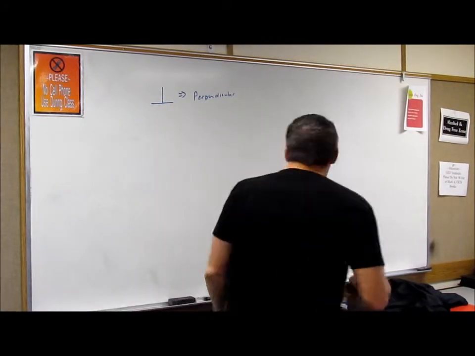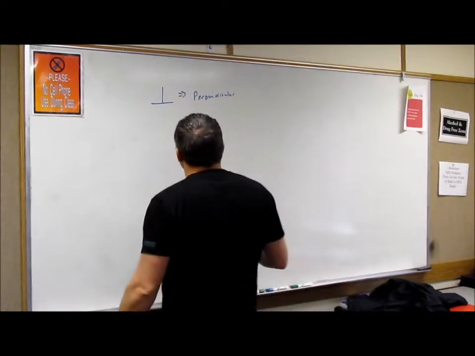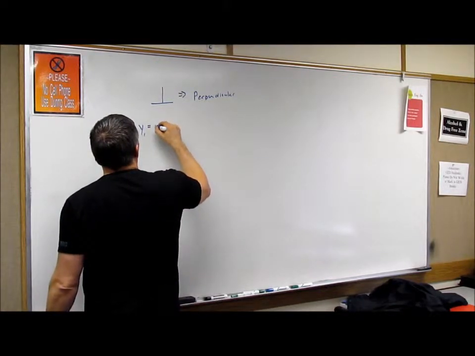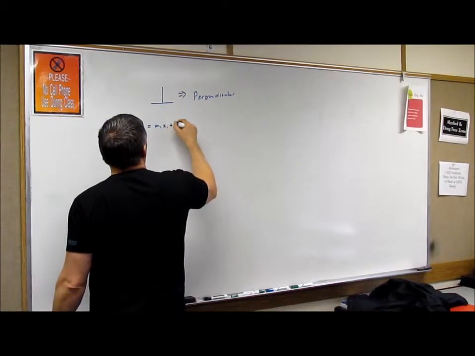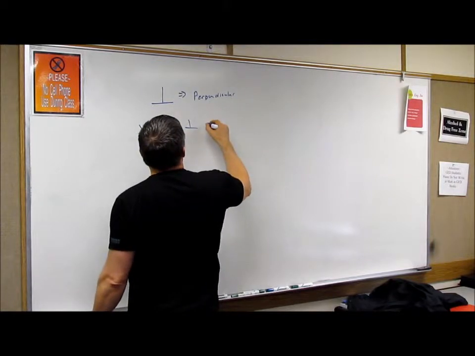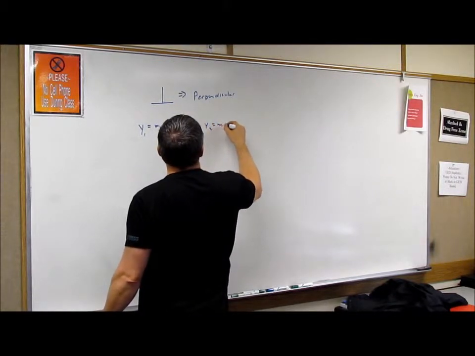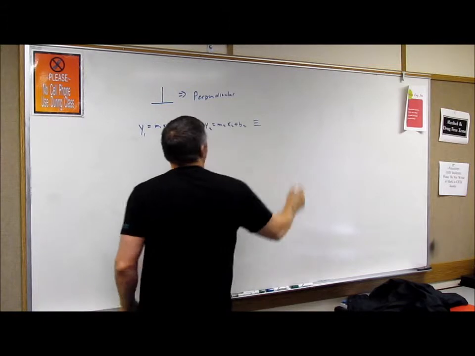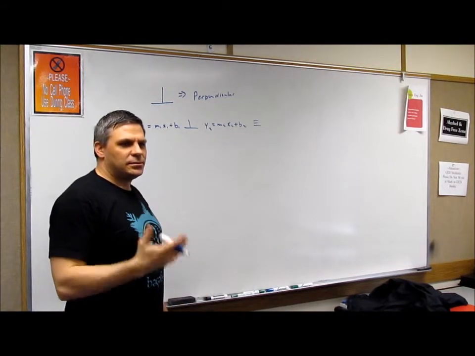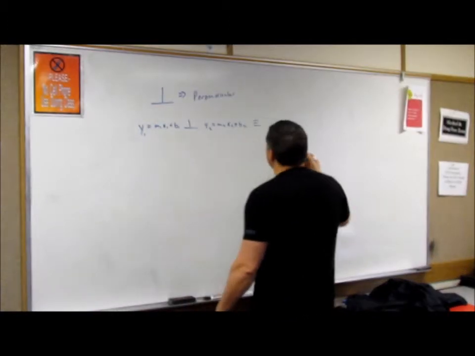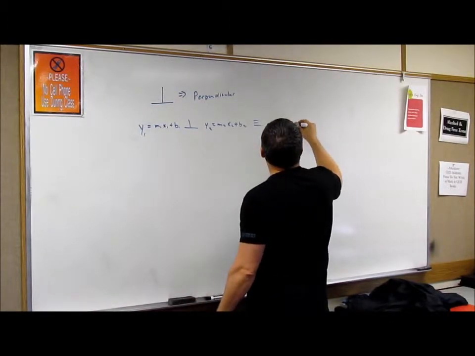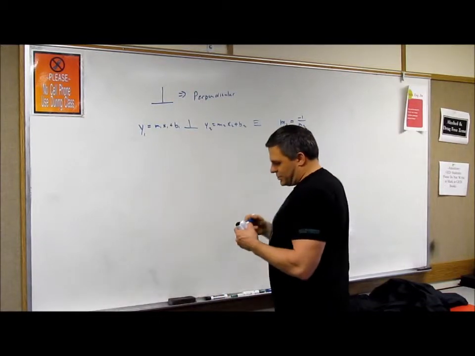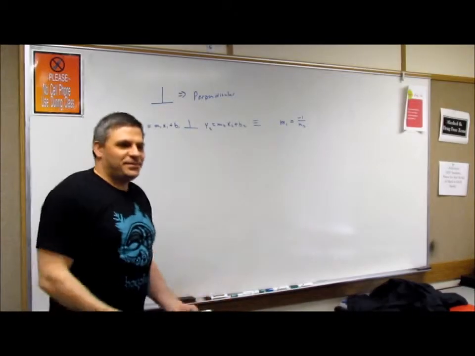Now, to be perpendicular, y sub 1 equals m sub 1, x sub 1 plus b sub 1 is perpendicular to y sub 2 equals m sub 2, x sub 2 plus b sub 2, if and only if m sub 1 is equal to the negative of 1 over m sub 2. Okay? What does that mean?